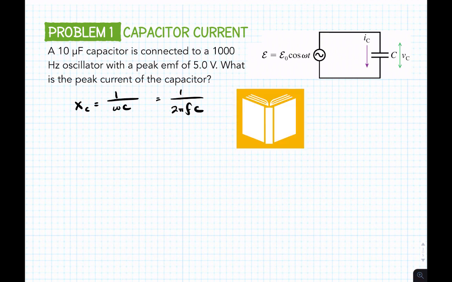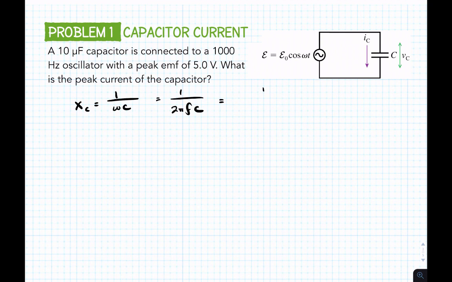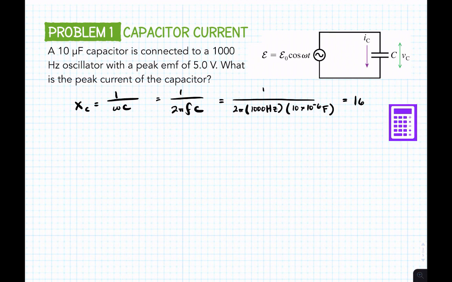Hertz is frequency F, not angular frequency omega. So you have to make sure you don't forget the 2 pi. So this becomes 1 over 2 pi times 1,000 hertz times the capacitance, which is 10 microfarads, so 10 times 10 to the negative 6 farads. And this gives you 16.